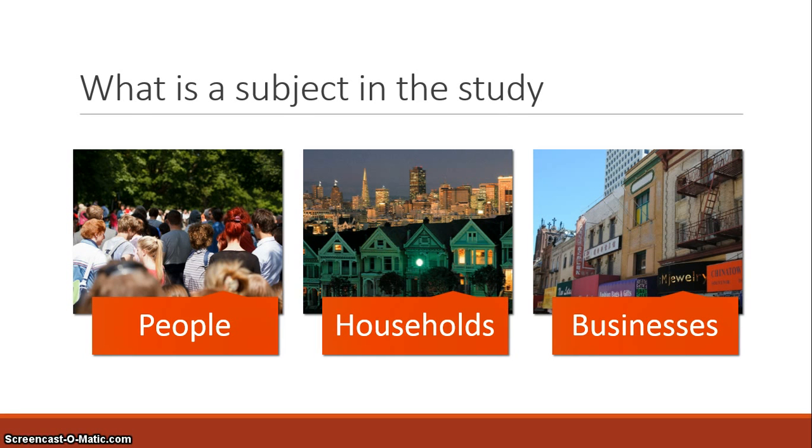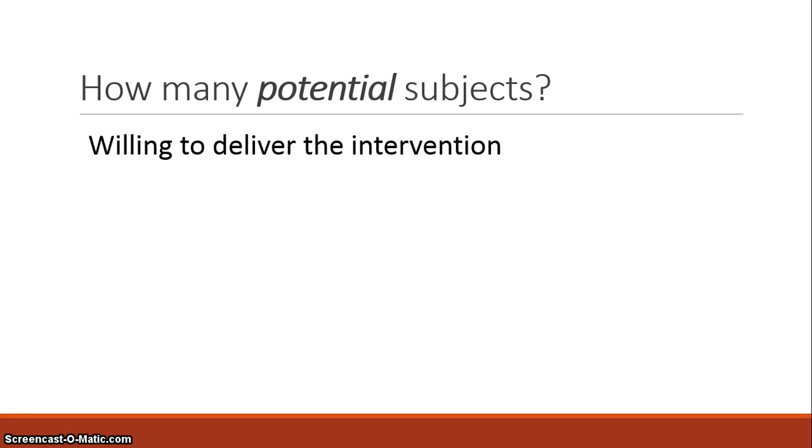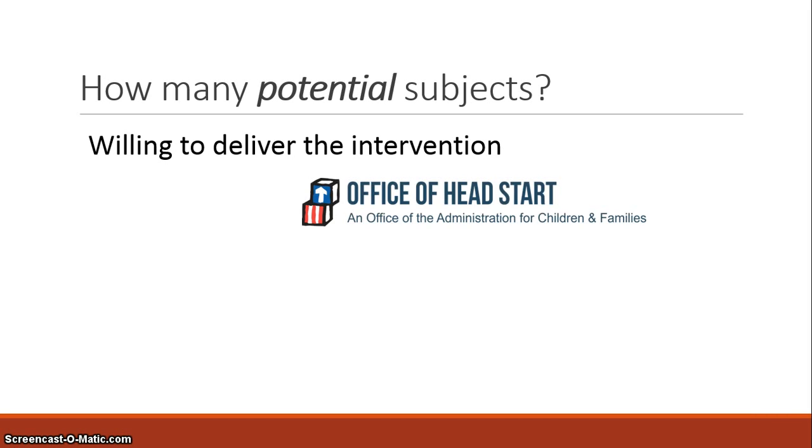The next step is to know the maximum number of subjects that could be included in the sample. This should only include the subjects that you are willing to deliver the treatment to. The following example can help illustrate why this is important. Let's say that you want to encourage low-income residents to enroll their children in the Head Start program.